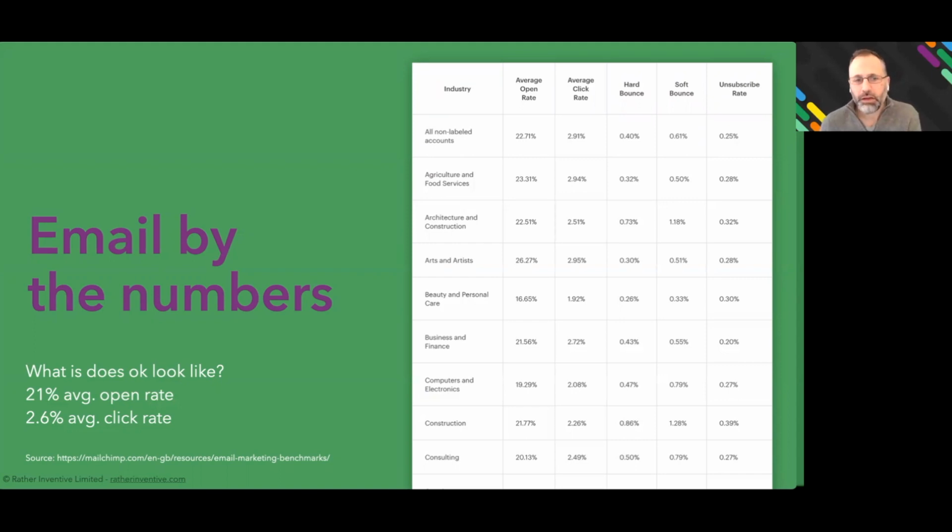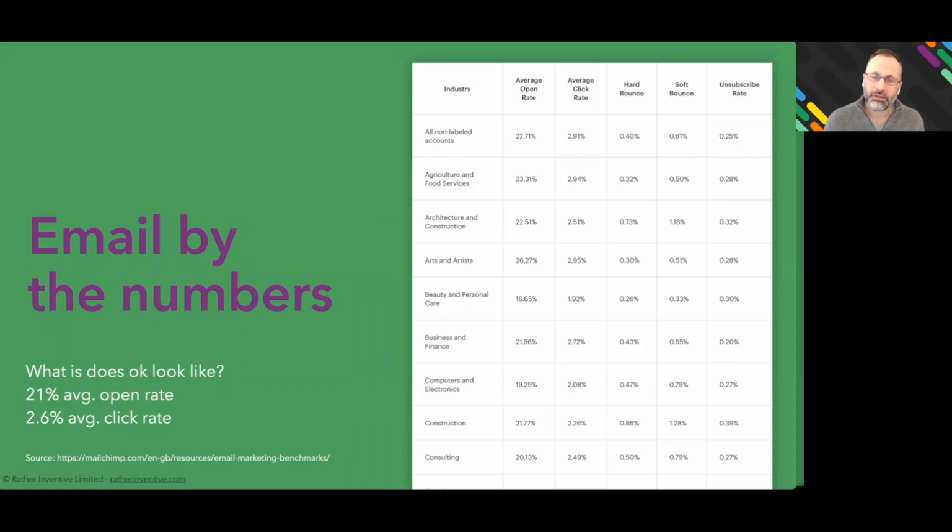So what does okay look like? Well, on average for MailChimp, a 21% open rate and a 2.6% click rate. So that's saying that 21% of people actually open it from the number you sent. If you sent 100, 21 people are going to open it. And the click rate is the same ratio.